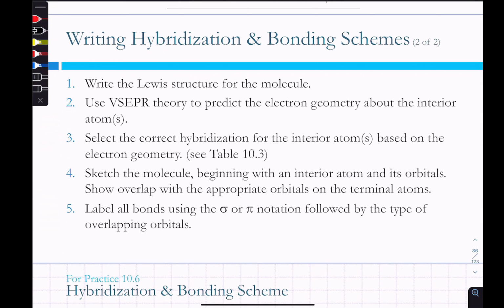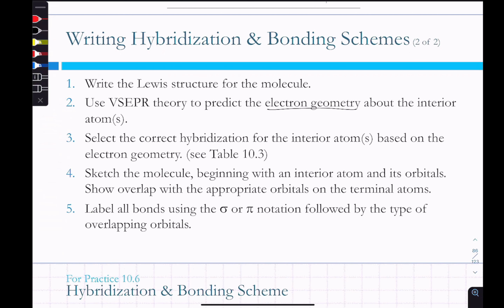Okay, so bonding schemes, we're going to try our best to be neat about bonding schemes because it can get messy in a hurry. So we're going to write the Lewis structure for the molecule. I mentioned use VSEPR theory to predict the electron geometry. Then select the correct hybridization for that interior atom based on the electron geometry, like we talked about: sp, sp2, sp3, sp3d, sp3d2.